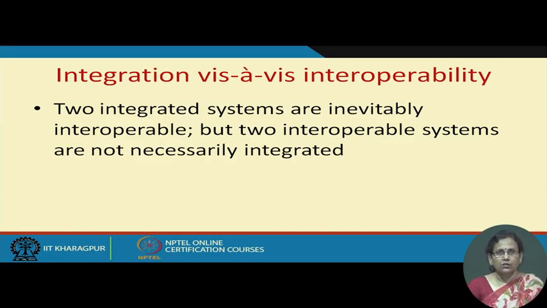So, what we have understood so far is that in case you would like your supply chain to be successful and the data sharing to be happening, you have to have supply chain integration. Now, this supply chain integration is about resolving both strategic level as well as technical level issues.